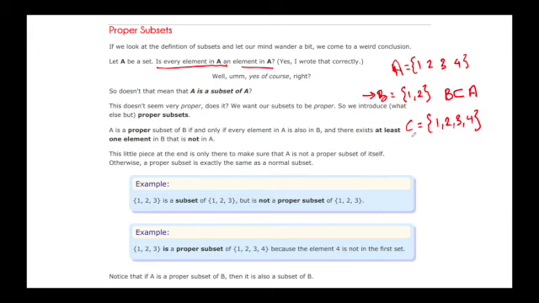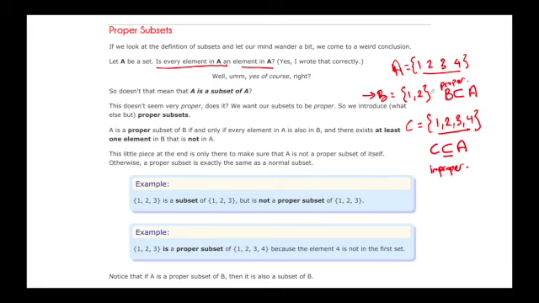So I could say that all of the elements in C are in A. So I could say that C is a subset of A. The problem is that they're both equivalent. Because they're both equal, this is what we call, and this is where you'll add the line here, an improper subset. And this one here is a proper subset.